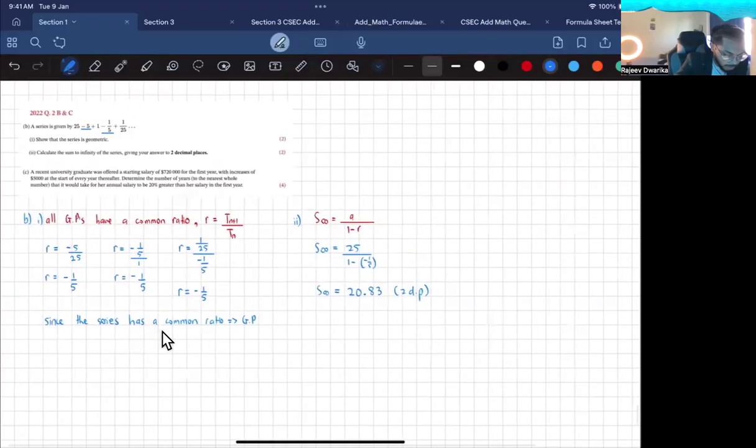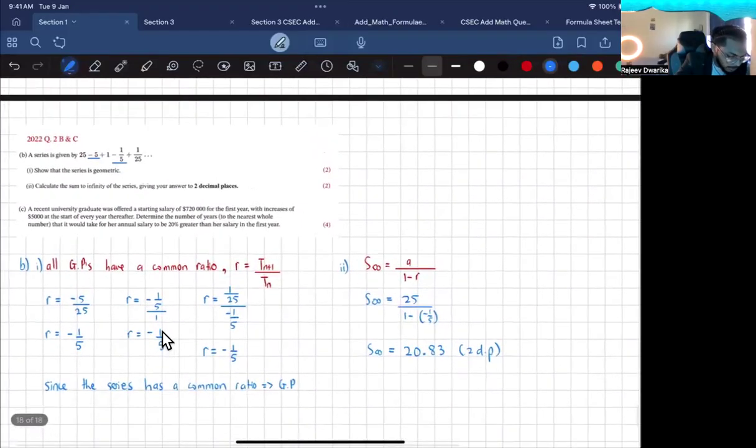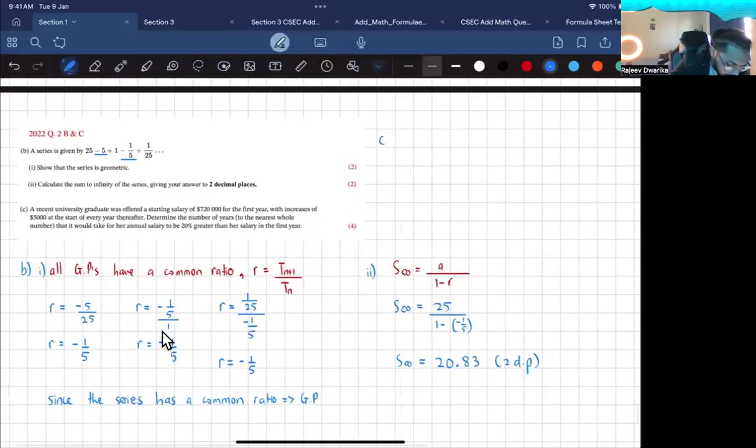So we get the answer for 1 and 2. Nice. Part C now. So Kira, let me do part C. In part C, a recent university graduate was offered a starting salary of 720,000. So Kira, if the starting salary is 720,000, would that be the first term? Yes, because they start off with that salary.